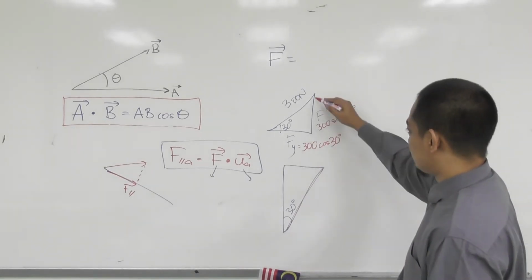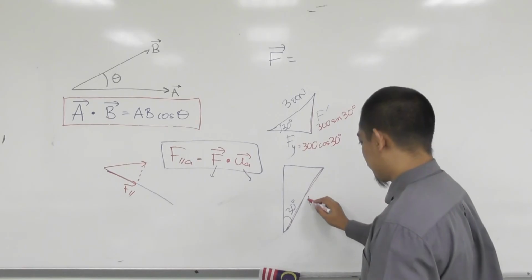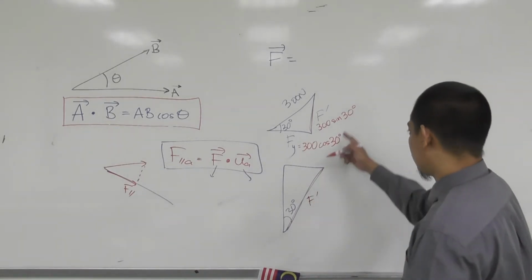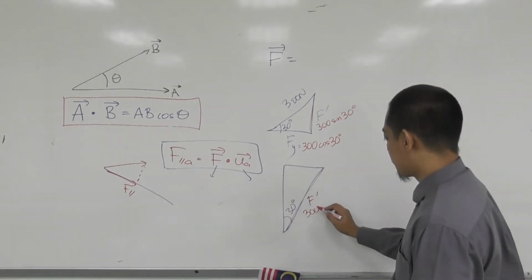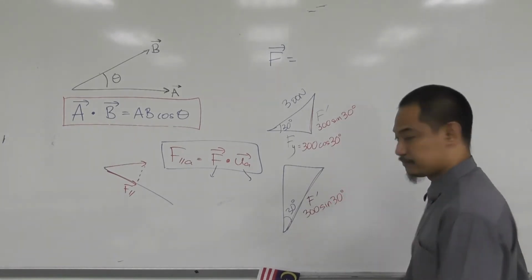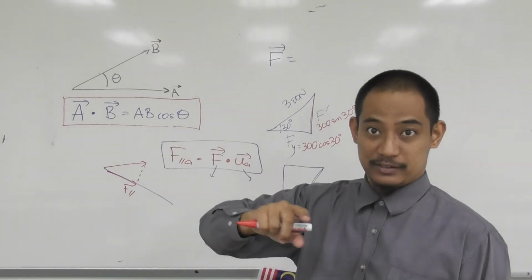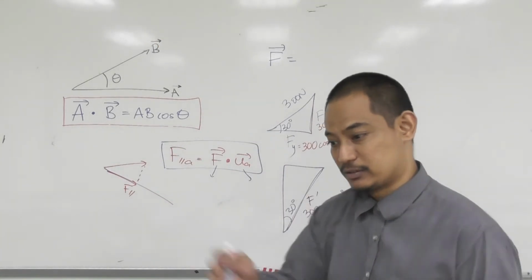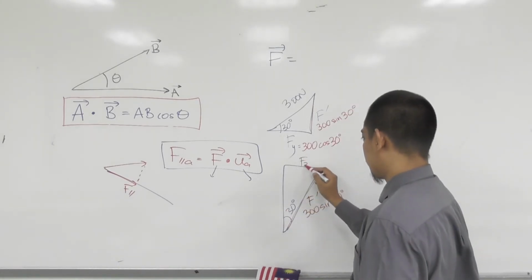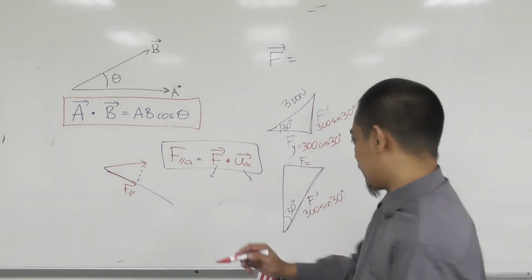That line is actually this line, the F prime. So this is F prime, which is actually 300 sine 30, right? And what is this on top there? That's x in the negative direction, of course, but this is Fx, right? And then what is this height? This one here is Fz, right?